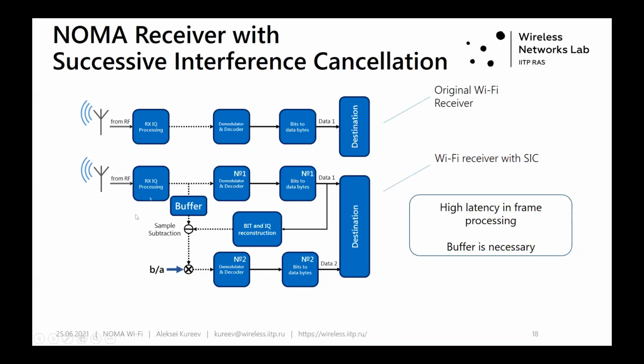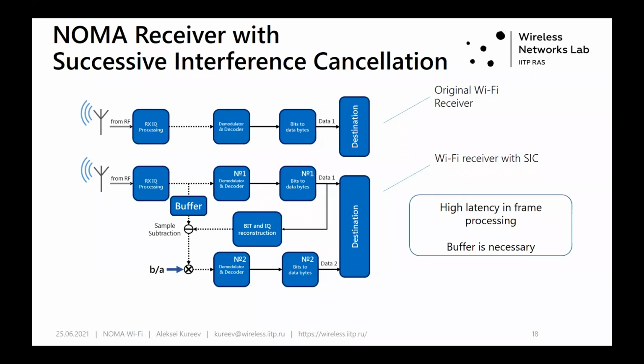If we consider the NOMA receiver with SIC, we see that this reception scheme becomes more complicated, and there is a buffer which is needed for saving all the received signal, and the longer the signal we have, the more IQ samples we need to store in this buffer, and this is one problem.